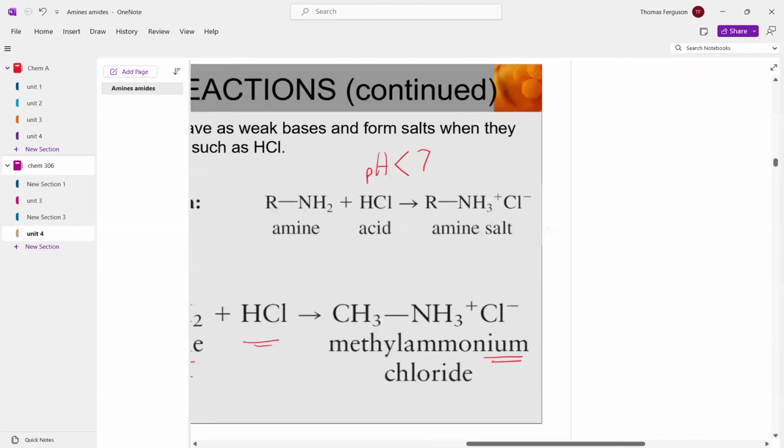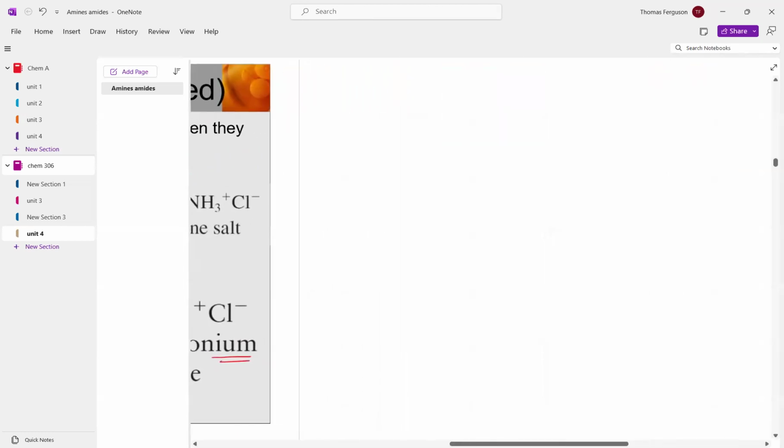So if we have a weak acid in an acidic environment, there'd be no reaction.